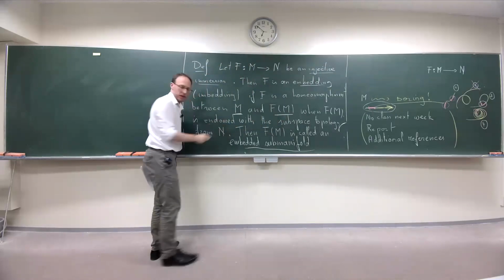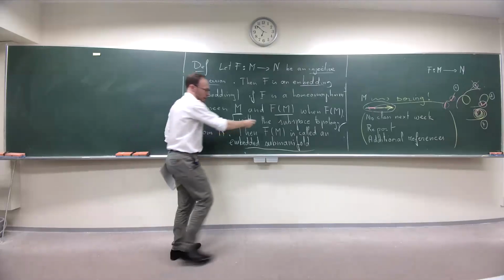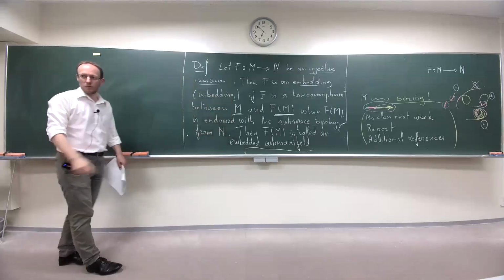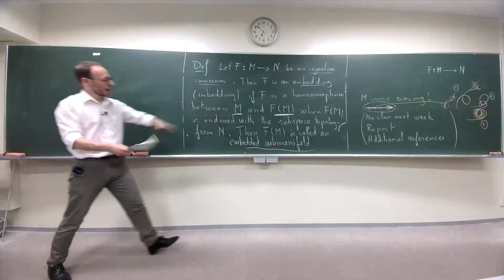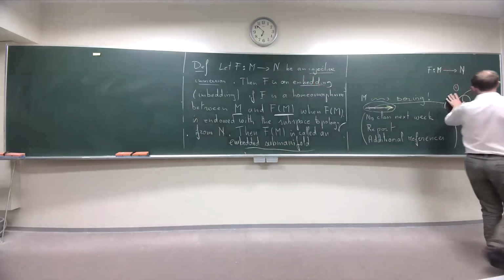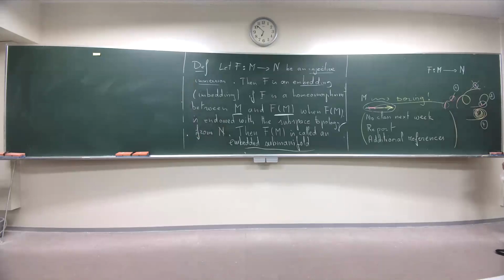M has the initial topology, and I emphasize that this one is with the subspace topology. So I compare M with its initial topology with its image with the subspace topology.